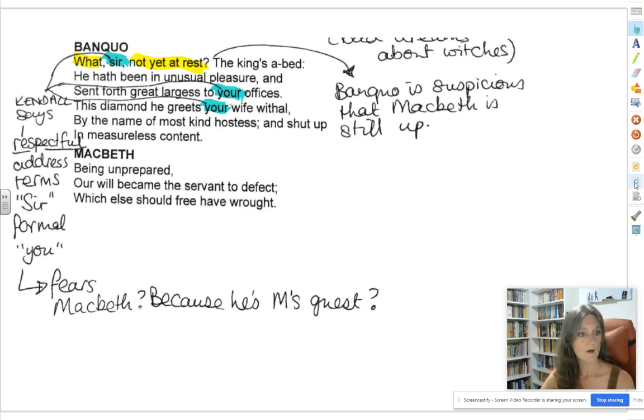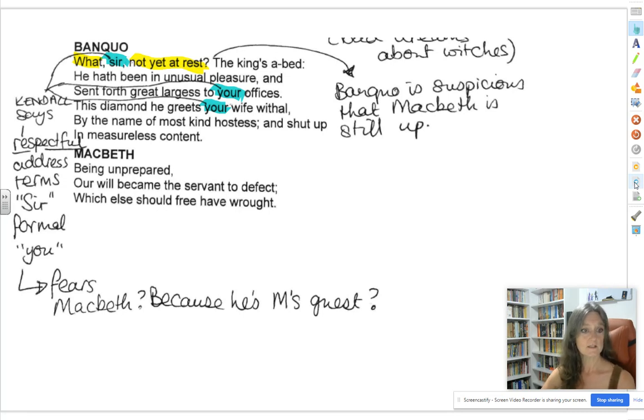Being unprepared, our will became the servant to defect, which else should free have wrought. So you can see here, the guys in the video didn't discuss this, but Banquo is calling Macbeth sir, so he's been really respectful towards him. And he also uses the formal version of you, which is you, not thee. So it's not thine officers, it's your officers, your wife.